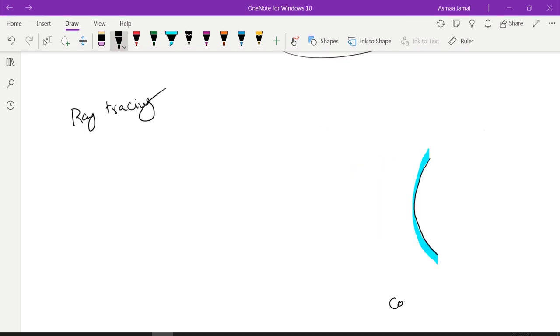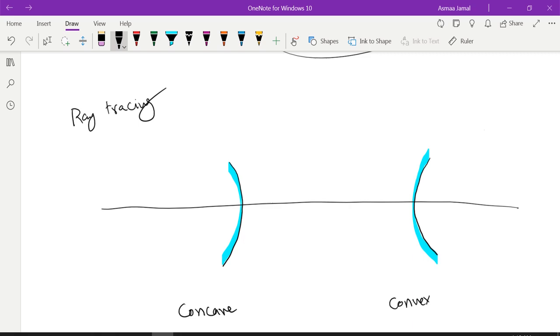This is our convex mirror, and this is the concave mirror. In the middle, we have the optical axis, or the principal axis. And this is the focus point for both. And this is the center of the sphere that we cut the mirror from.